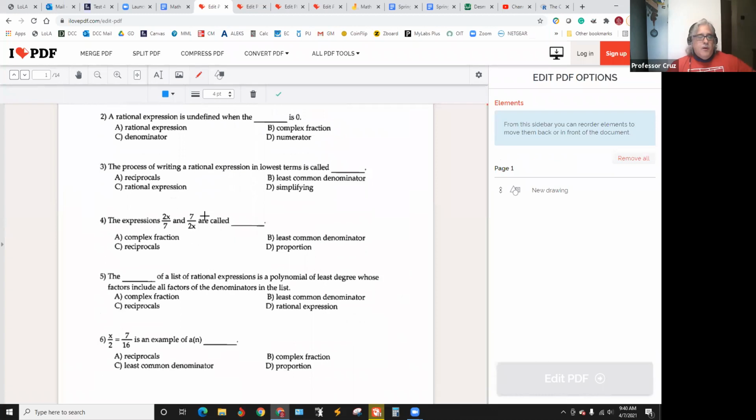All right, now this is important because as we saw in section 7.1 and last time, you have to be able to identify any values that make the denominator 0, okay? Because if we have a 0 in the denominator, it's an undefined expression, and any solution that's worked out that makes that denominator 0 and the expression undefined would have to be thrown out.